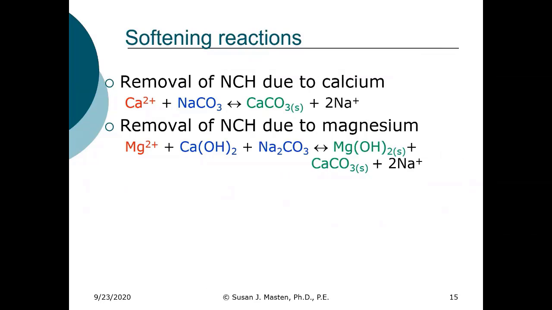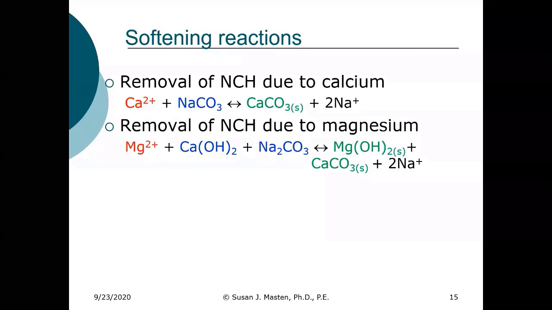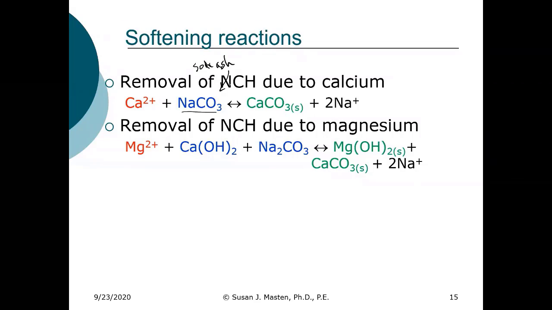Then we have the reactions for the non-carbonate hardness. Here we have to add soda ash. Sodium carbonate is referred to as soda ash. So for every 1 mole of calcium we remove, we need 1 mole of soda ash. We will produce 1 mole of calcium carbonate. And notice we're also adding sodium ions.